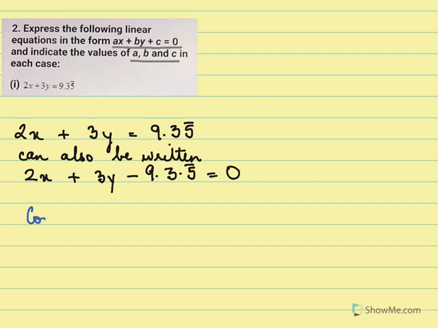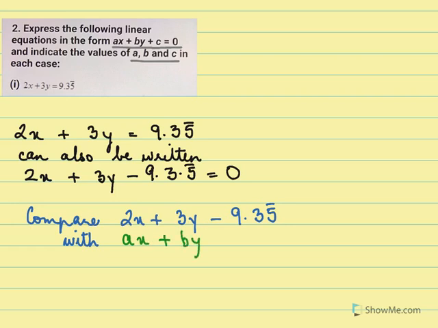In the next step we compare 2x plus 3y minus 9.35 bar with the equation given to us, AX plus BY plus C equal to 0. This is also equal to 0.